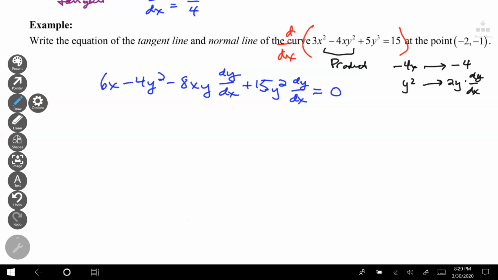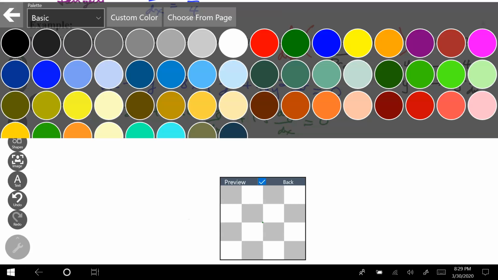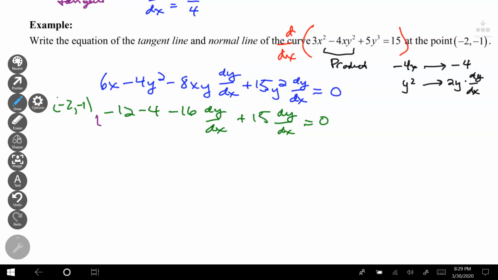I'm going to plug in -2, -1 for the x's and y's, and when I do that, I get -12 minus 4 minus 16 dy over dx plus 15 dy over dx is equal to 0. And if you notice, these two go together and these two go together, and I get -16 minus dy over dx is equal to 0.